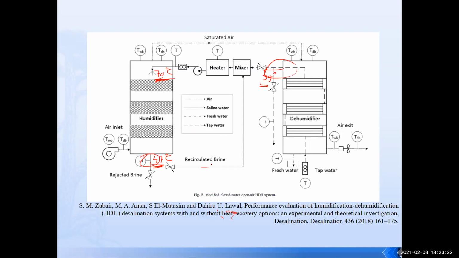This is recirculation of the brine. All you have to do is make up the quantity of water that has evaporated by bringing this preheated water and putting it into the system. Maybe you can put it here in this mixture as some sort of recovery for the quantity that has evaporated.